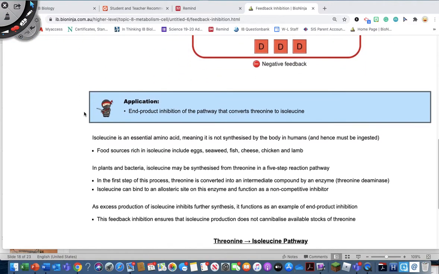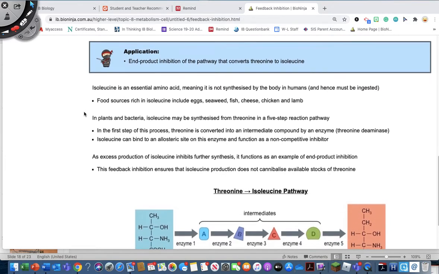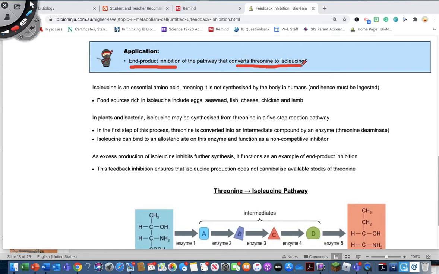All right, the application in this particular section is to understand the end product inhibition that converts threonine to isoleucine. That's the one example that you have to learn. A little bit about threonine and isoleucine. Isoleucine is an essential amino acid for humans. We cannot synthesize our own, so we have to ingest it.